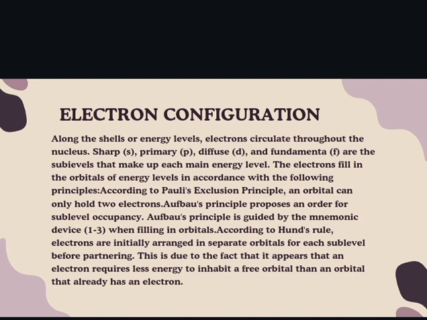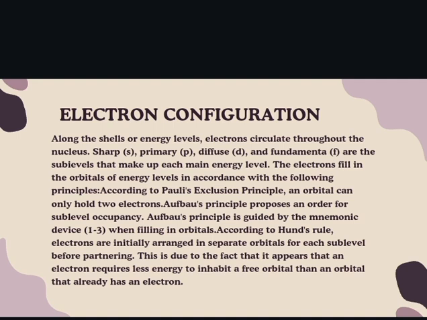According to Hund's rule, electrons are initially arranged in separate orbitals for each sublevel before partnering. This is due to the fact that it appears an electron requires less energy to inhabit a free orbital than an orbital that already has an electron.